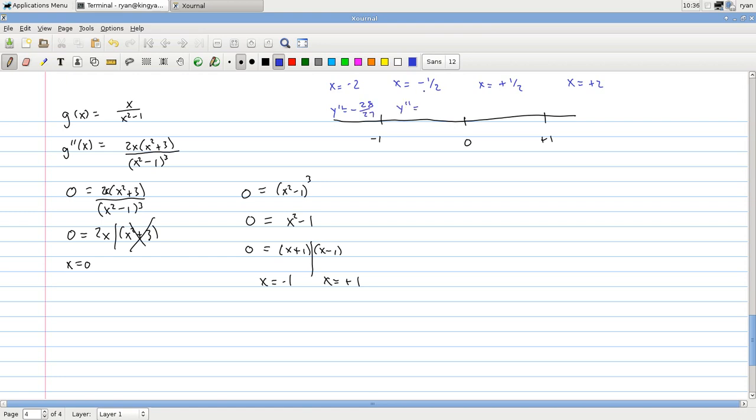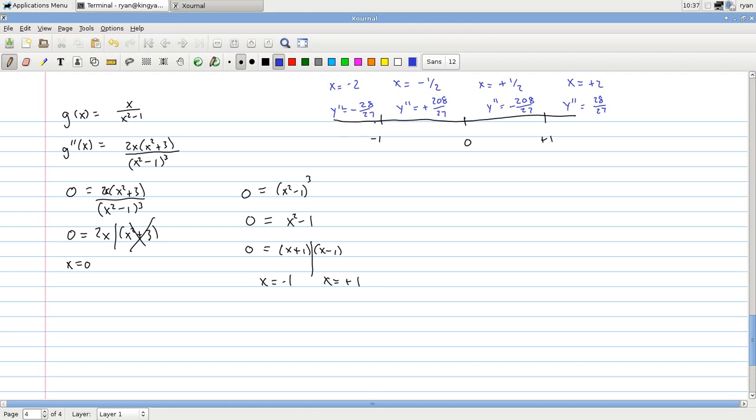At x equals -1/2, the second derivative is +208 over 27. On this third interval, we plug in x equals +1/2. We get that y double prime is -208 over 27. And in the last interval, we get y double prime is +28 over 27.